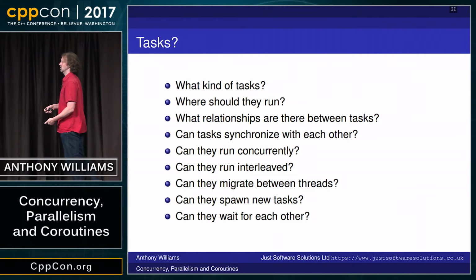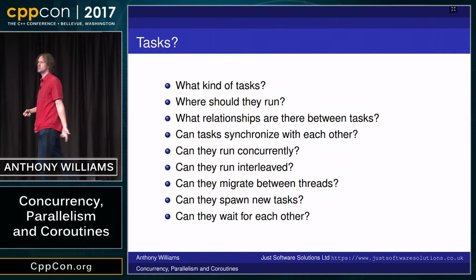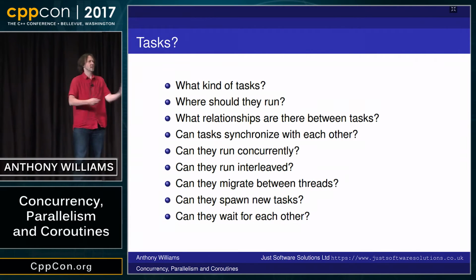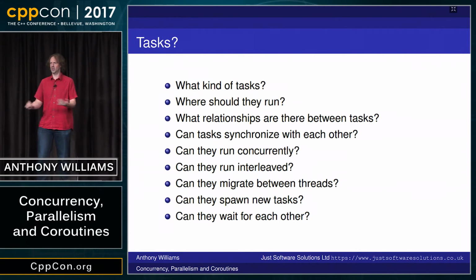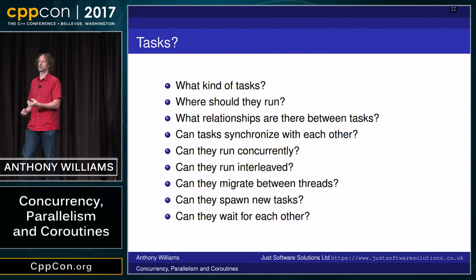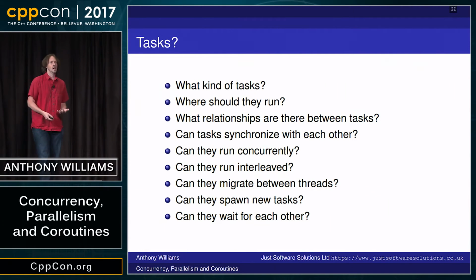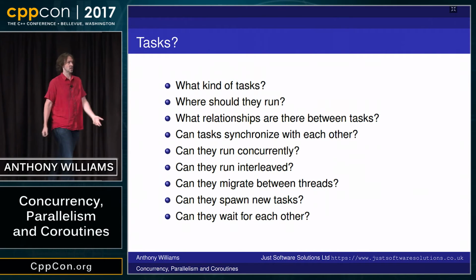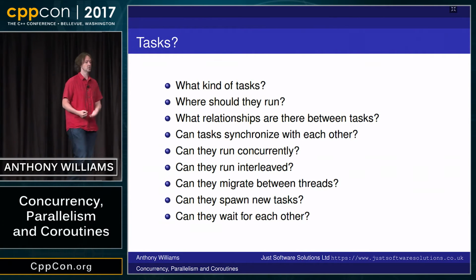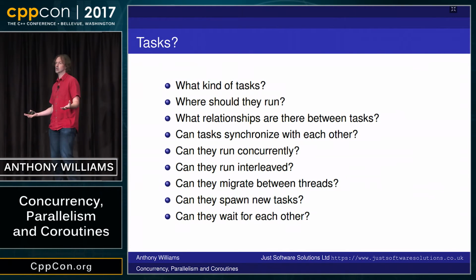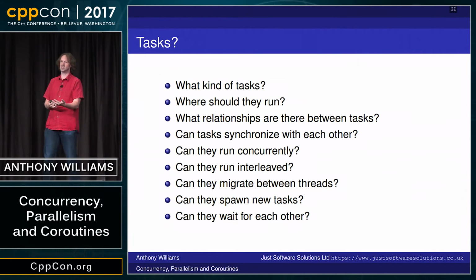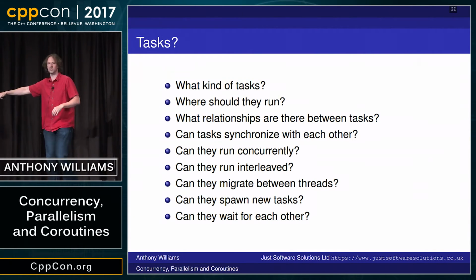What kind of tasks have we got? Where do we want them to run? What relationships are there between tasks? Are they completely independent, or are they in some crucial way dependent on each other? Can they synchronize with each other, or not? Can they truly run concurrently, or do some of them have to run sequentially with each other, but they can run concurrently with some other batch over there?